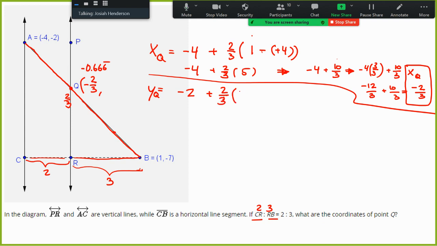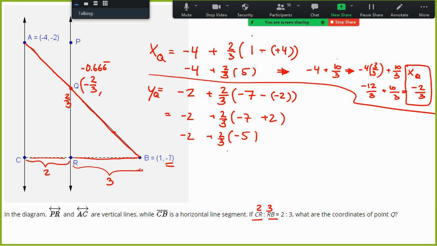And then we're going to do the same thing to find y of q. Two-thirds, and then it's y of b minus y of a. So what is that? -7 minus -2. -7 plus 2. What is that? -5. Interesting. We got a 5 last time, and now we got a -5. Keep going. -5 times 2 is -10.